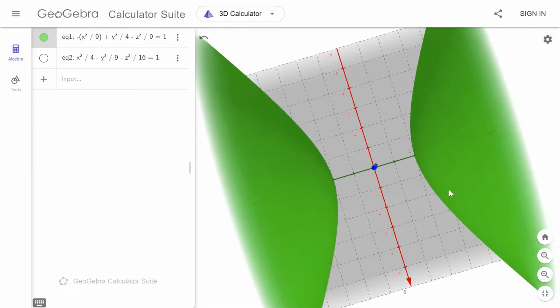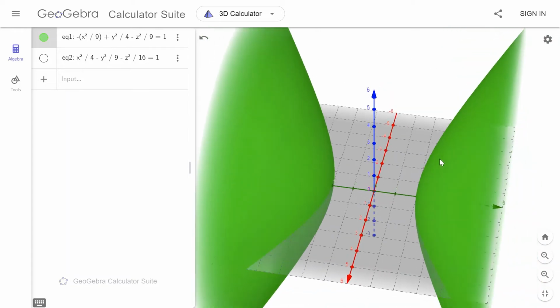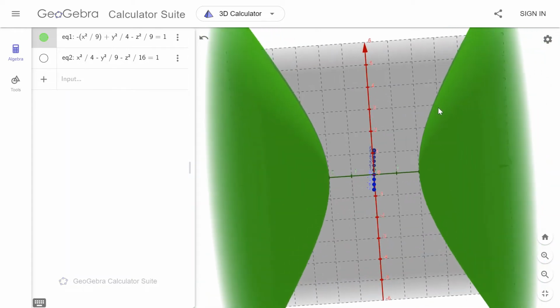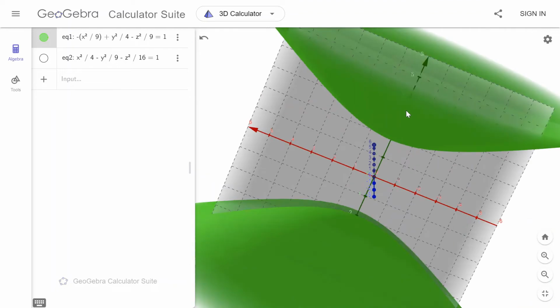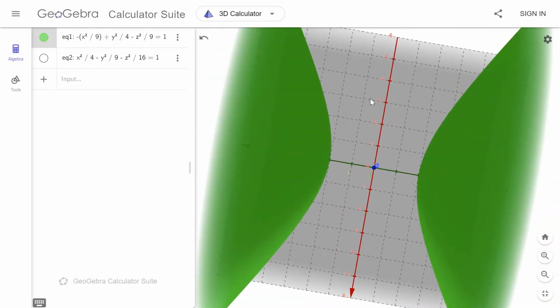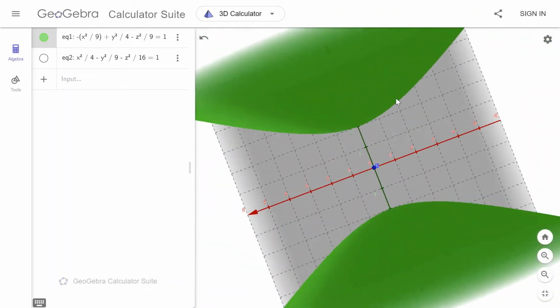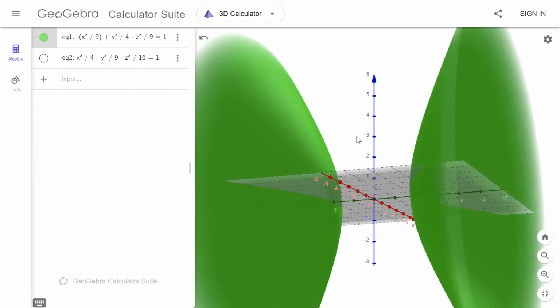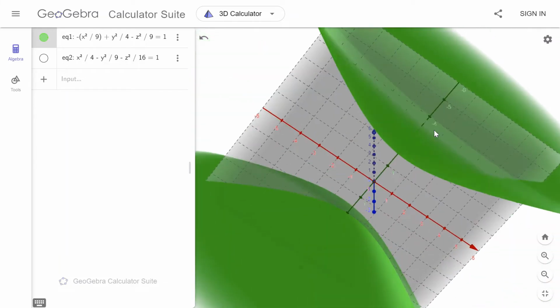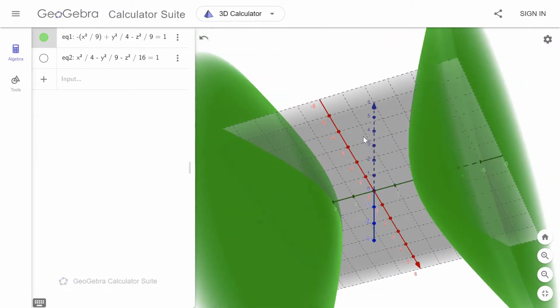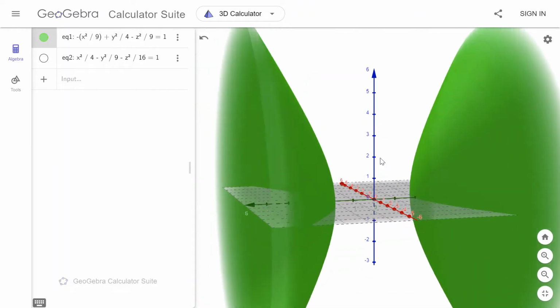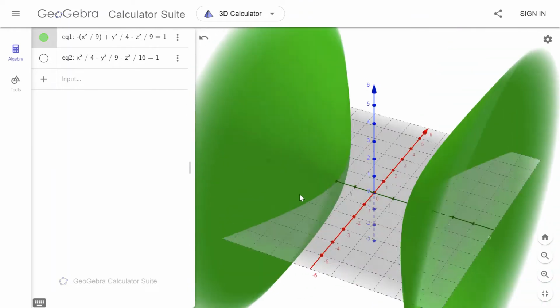If we rotate it this way, see that this is still a hyperbola on the other side.